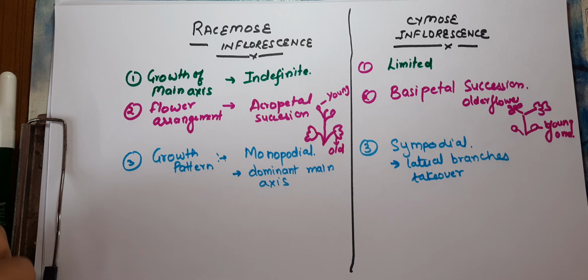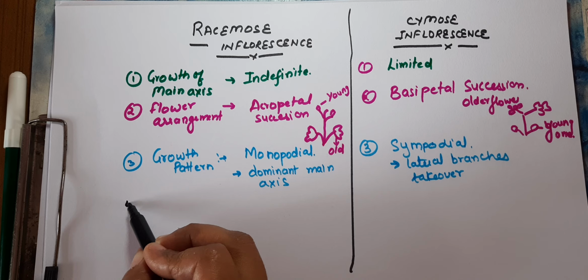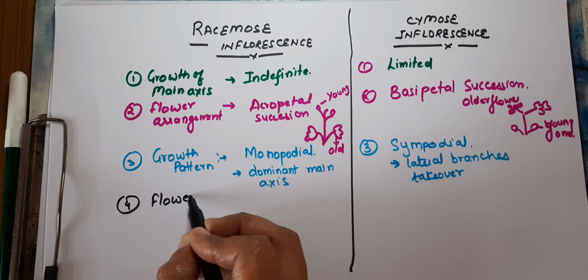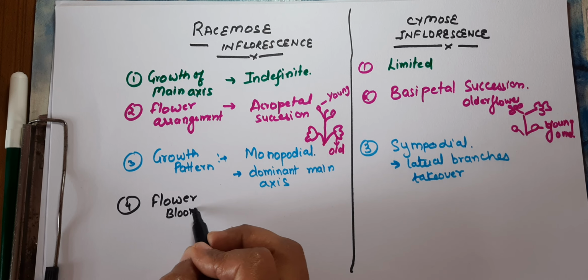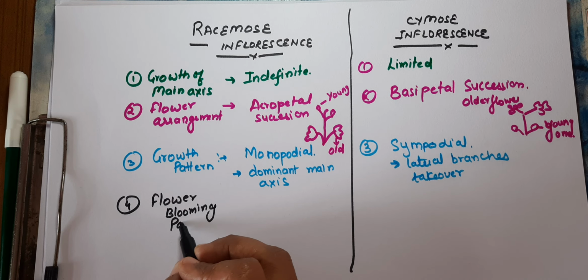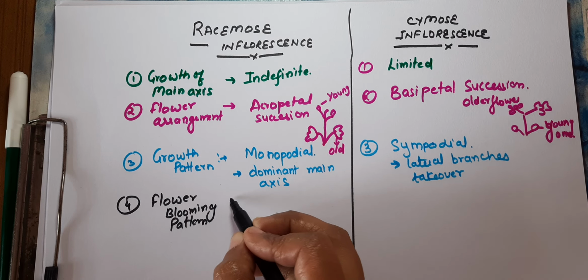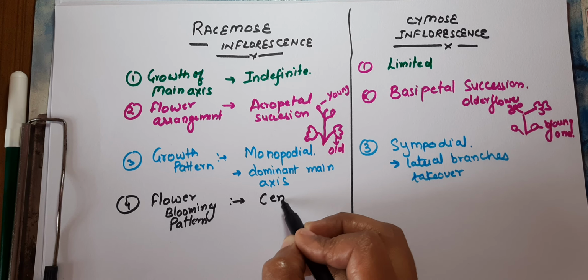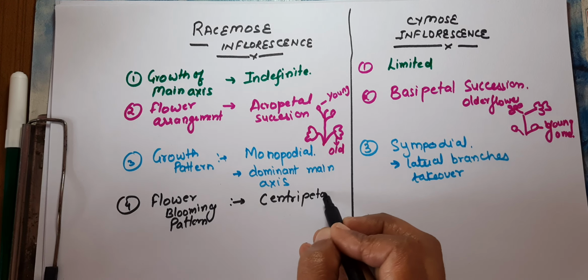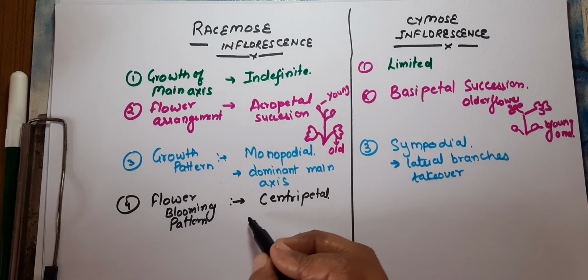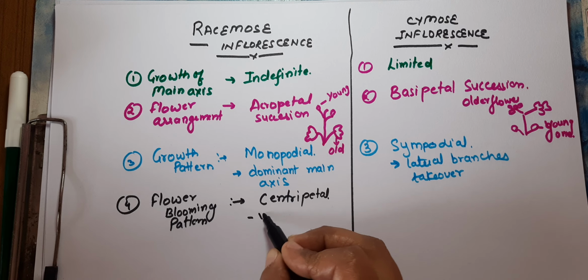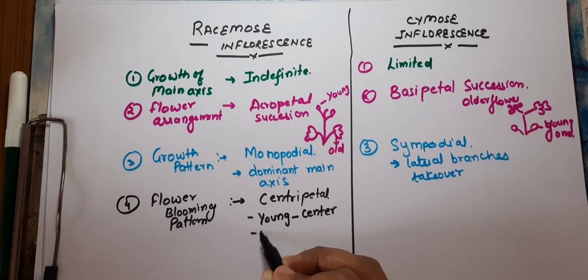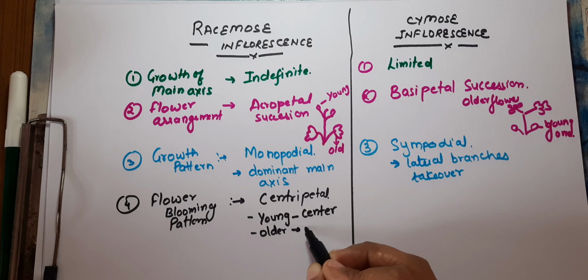The fourth difference between the two is in terms of the flower blooming pattern. The flower blooming pattern in the Racemose inflorescence is centripetal. It means that the younger flowers are in the center, whereas the older ones are at the periphery.